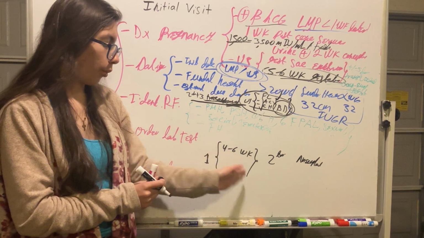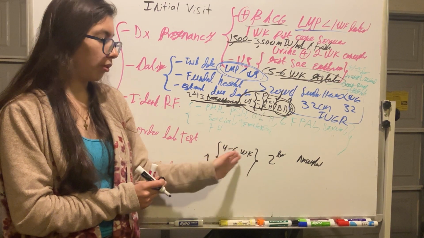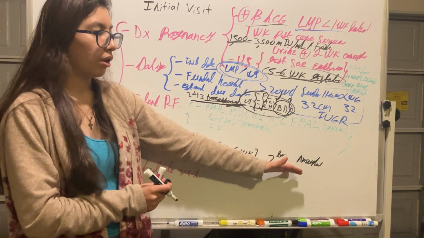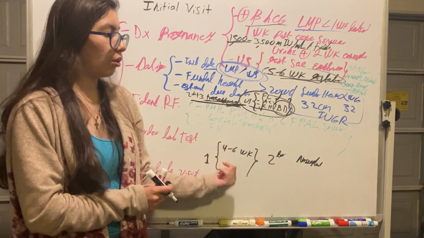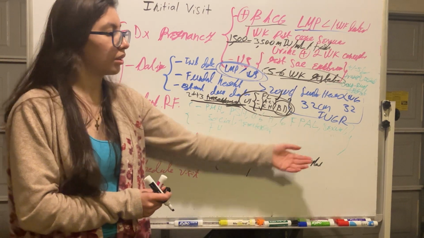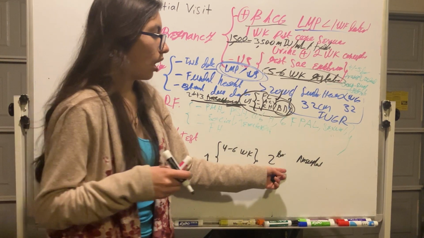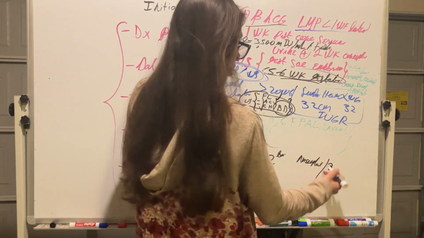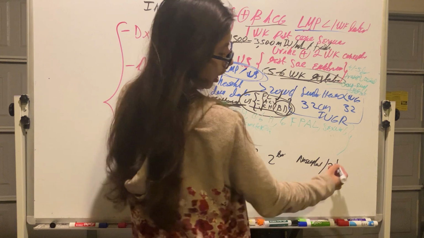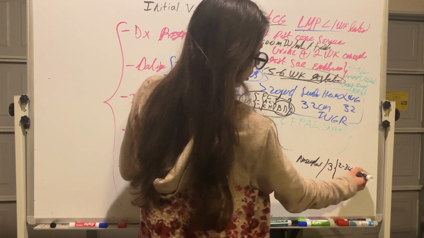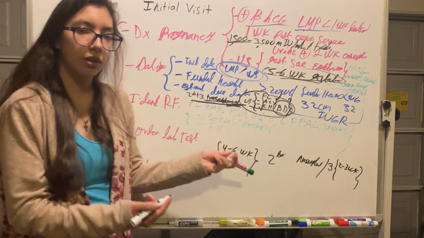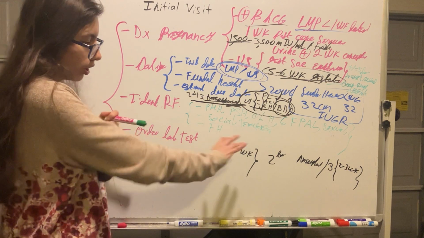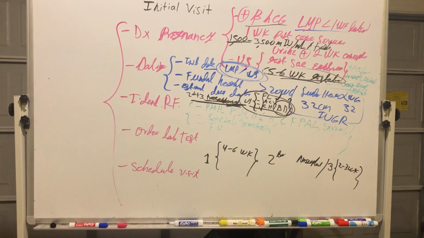Here the appointments are to evaluate how the patient is doing, and in the second trimester we need the patient to come to have testings done. And in the third trimester, we are going to schedule visits every 2 to 3 weeks to see how the patient is doing. This is a rough way to visualize it.